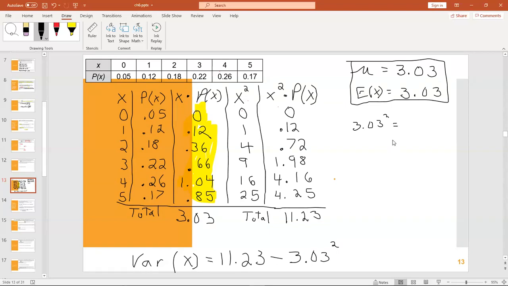That's 9.1809. All right. So if you do 11.23 minus 9.1809, you will get 2.0491. And that is the variance.